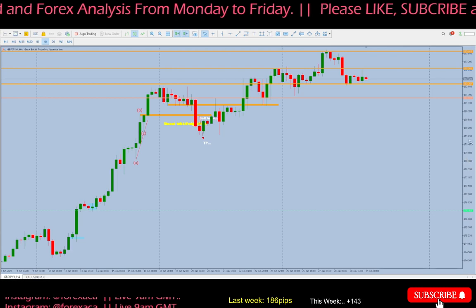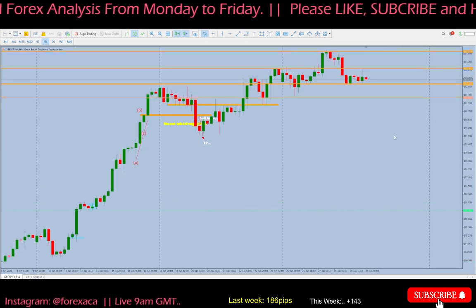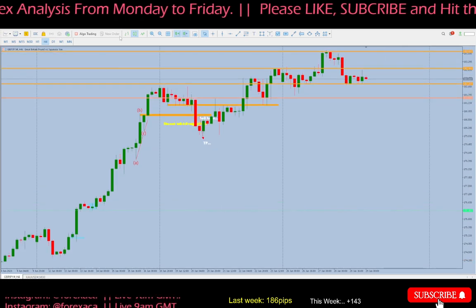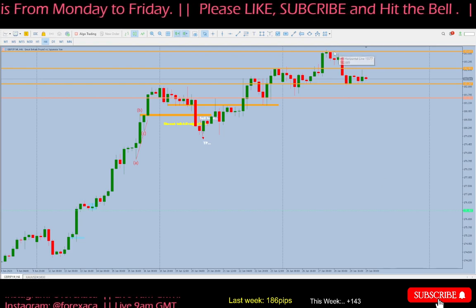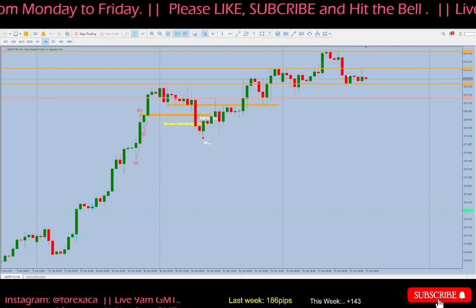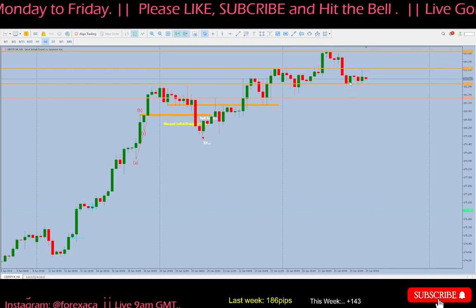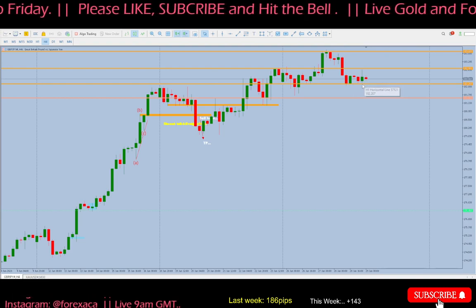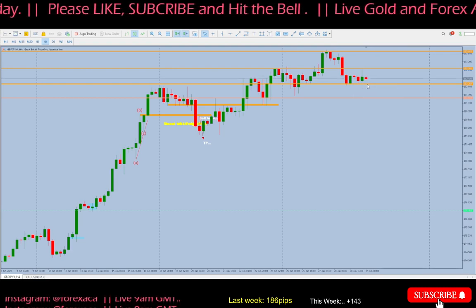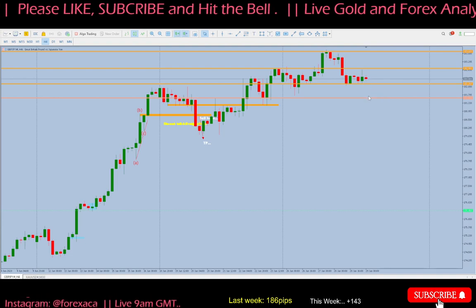So basically on the 4-hour time frame, what exactly are we looking at? On the 4-hour time frame, we have the zone areas that we've marked, and we want to see market respect those zone areas and then fulfill this move to the downside.